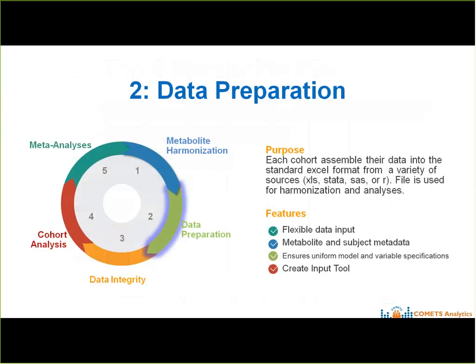In terms of data preparation, this is where each of your cohorts will have to assemble their data to a standard Excel format so that it can be processed in COMETS Analytics. Multiple data inputs are available, like Excel, Stata, SAS, or R. They can be used.